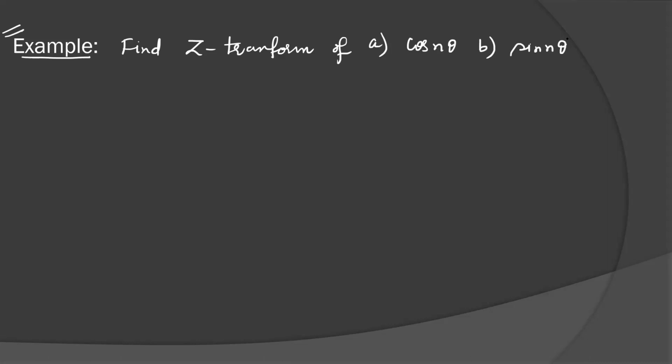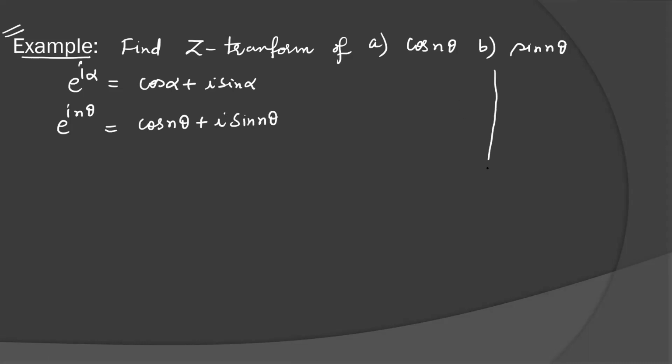We know that cos n theta and sin n theta are presented in e to the power i theta, because Euler's formula says the exponential function can represent cosine and sine functions. Now, we know that e to the power i alpha is nothing else but cos alpha plus i sin alpha. So if you put alpha equals n theta, it will become cos n theta plus iota sin n theta.